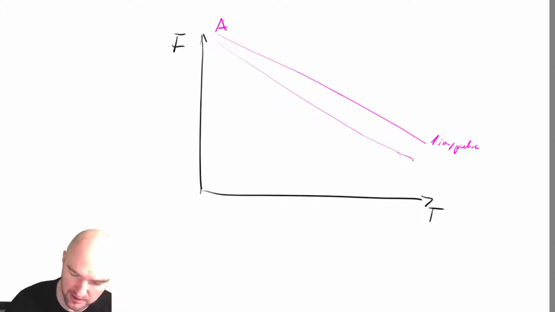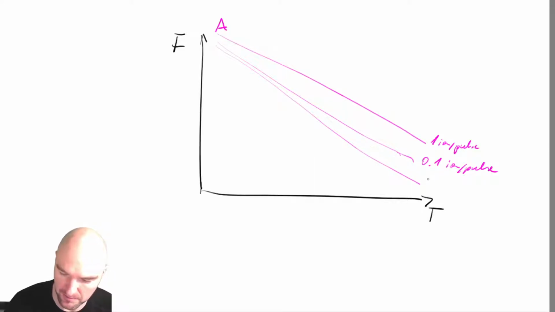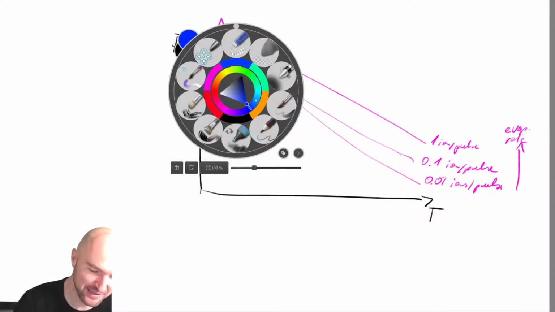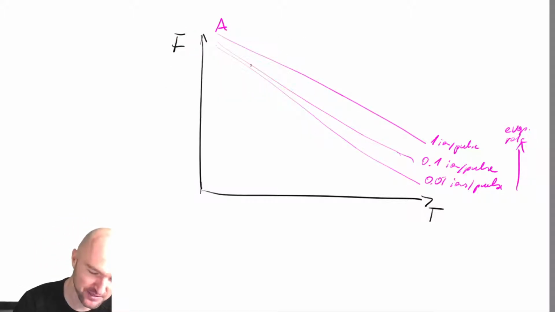At this field, we might get 0.1 ions per pulse. And at another even lower field, we might get 0.01 ions per pulse. This is what's meant with evaporation rate, or ionosublimation rate.